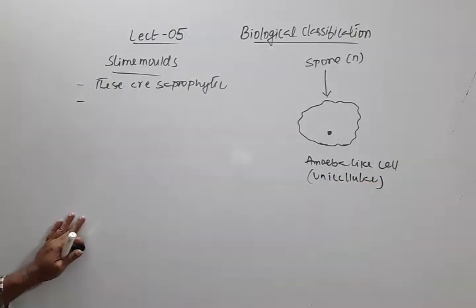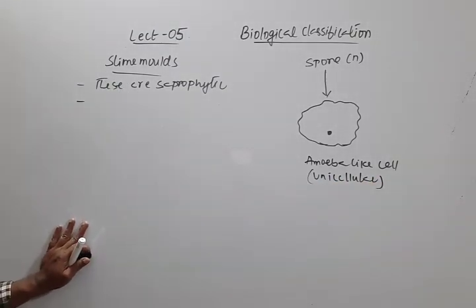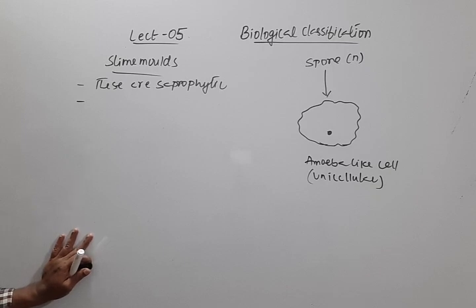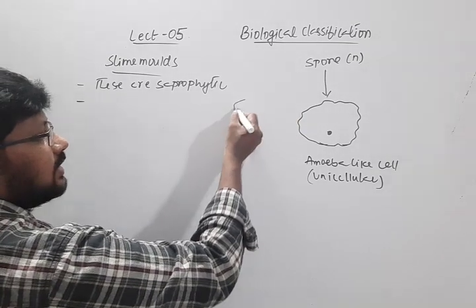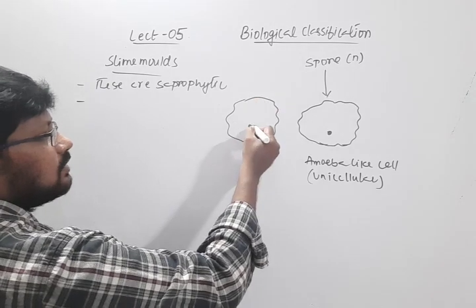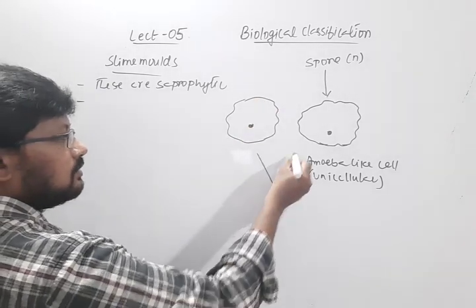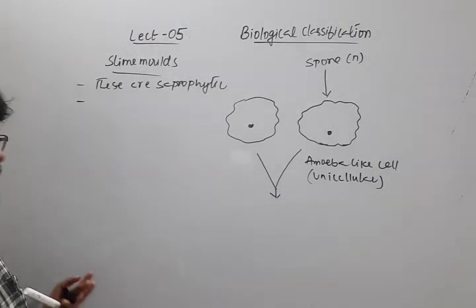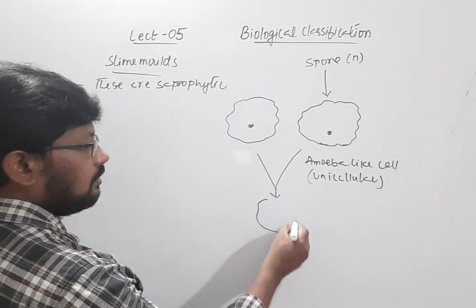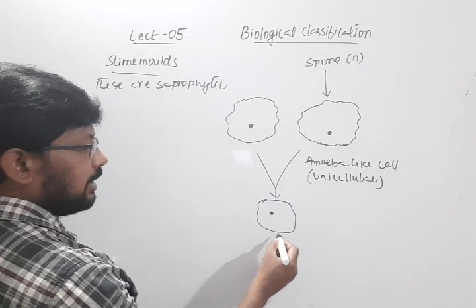Next, when conditions are suitable, they form an aggregation called plasmodium. When another one comes in contact, these two will merge with each other, and that results in the formation of a zygote.